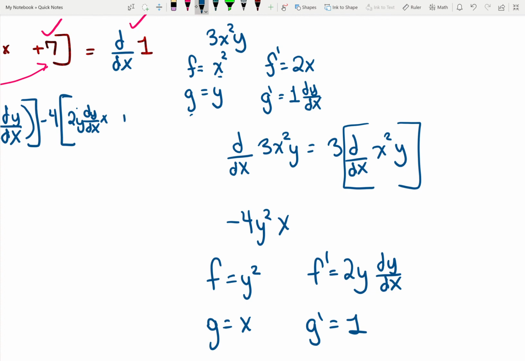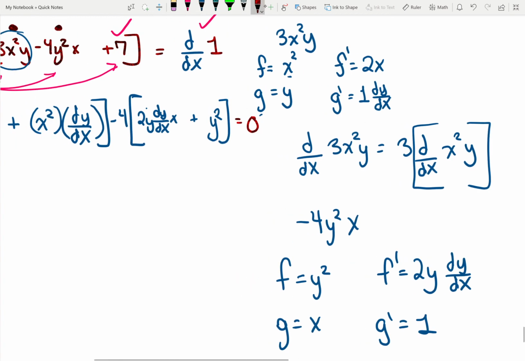Plus g prime, which is just 1, and just y squared for f. Wow, this is an annoying problem. Okay, equals 0.